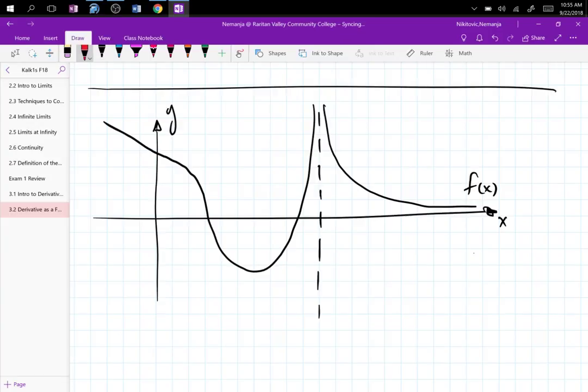The question is: sketch or draw f prime of x to the best of your abilities, right? Alright, so what do I know? Well, first off, what did we say about vertical asymptotes?